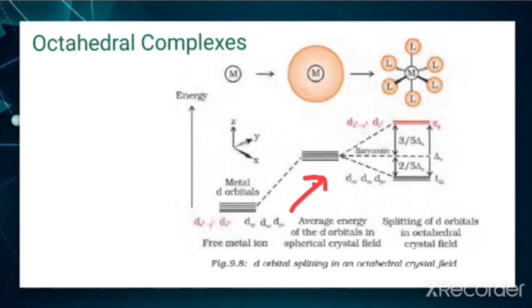Because of the ligands approaching the central metal ion, the degeneracy of the d orbitals is disturbed. Now they get split, and you can see the d orbitals are now split into two sets.